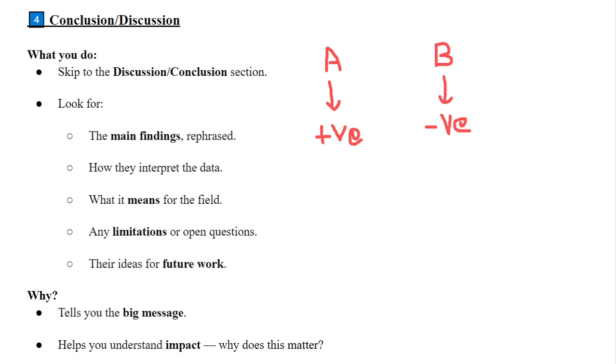Both have done the same big work for five years. One gets a positive result, another gets a negative result. What will they do? If A is correct, A is correct. If B is correct, B is also correct. How will we find out?